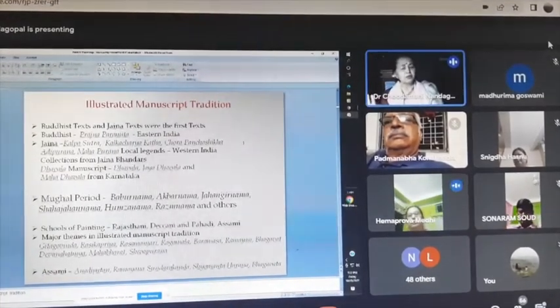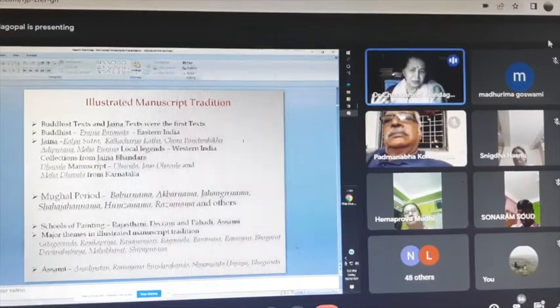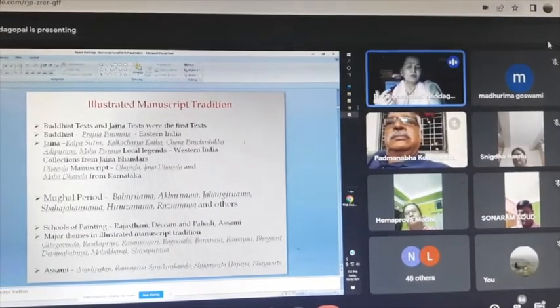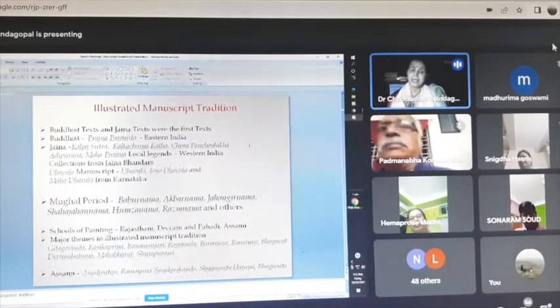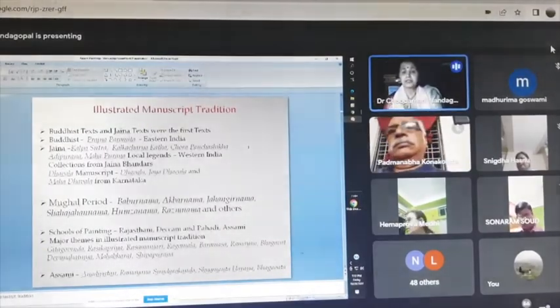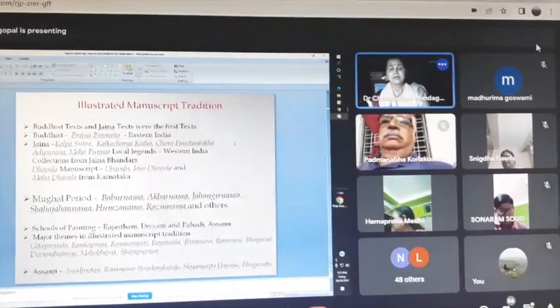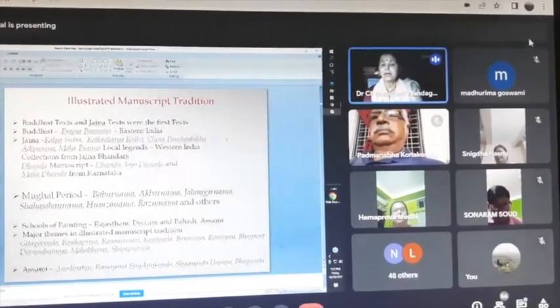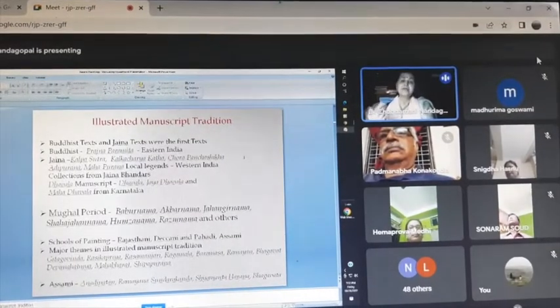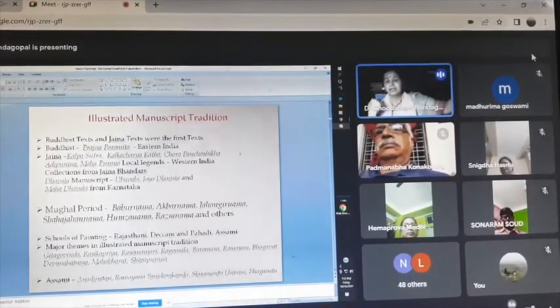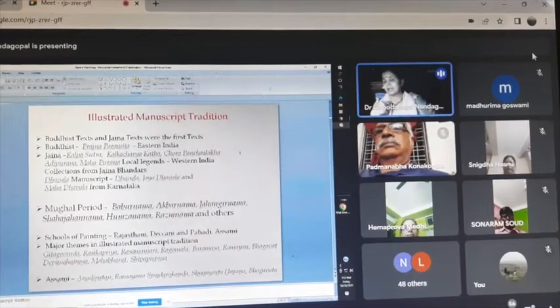We have two or three folios in the National Museum, and we don't find them in other places in India. Jaina texts, it is fortunate that you find them in the collections of Bhandaras, Jaina Bastis, Jaina libraries. You find them in Rajasthan and in Karnataka also.